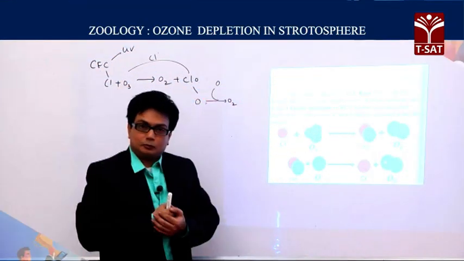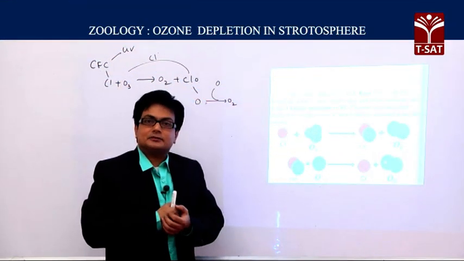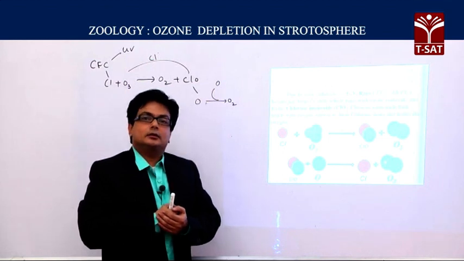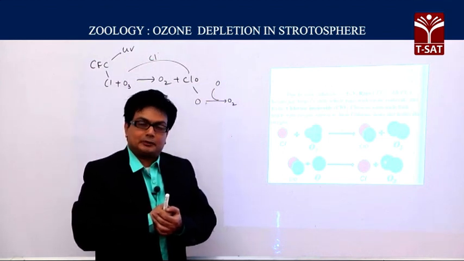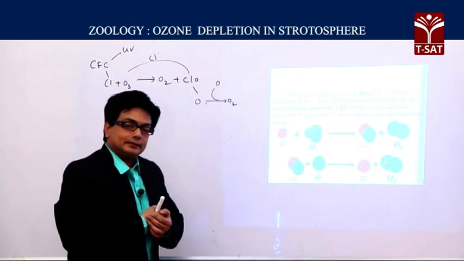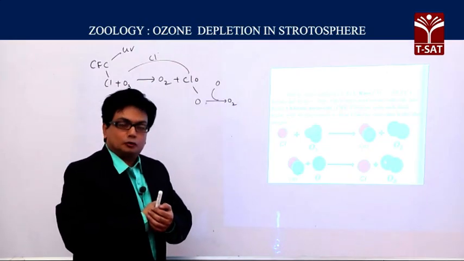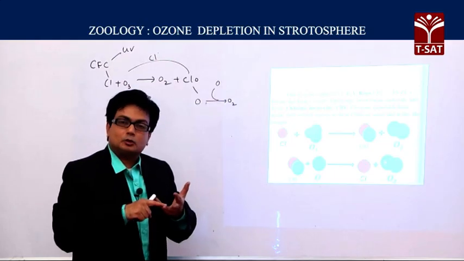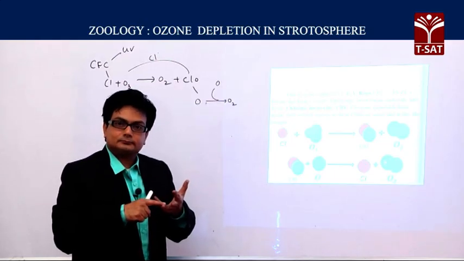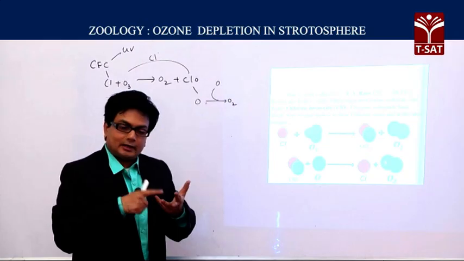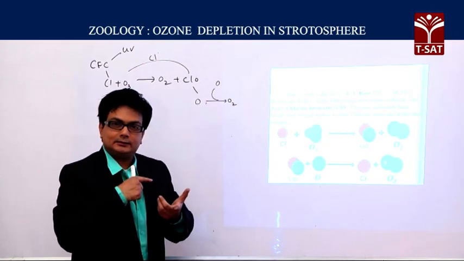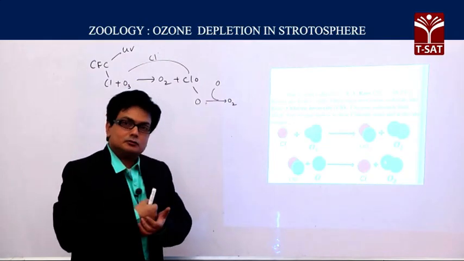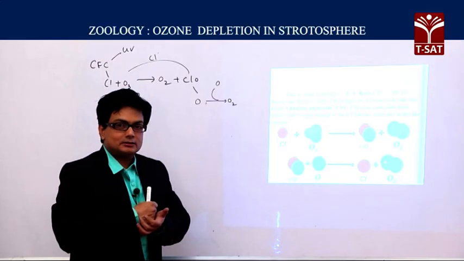Now let us review the important activity which has taken place at the ozonosphere. The effect of UV on chlorofluorocarbons, first step, the release of Cl, reacting with O3, and O3 converted into O2 plus ClO.